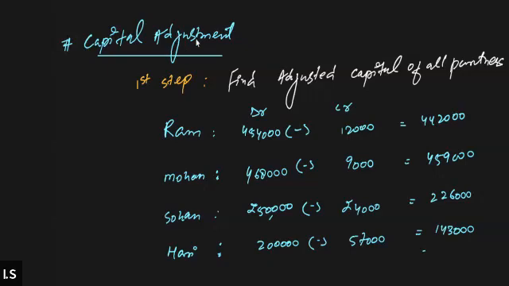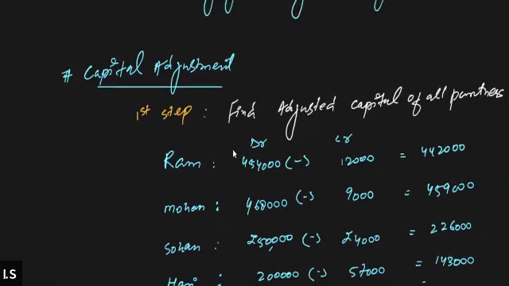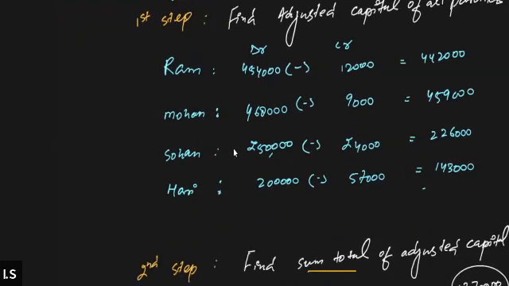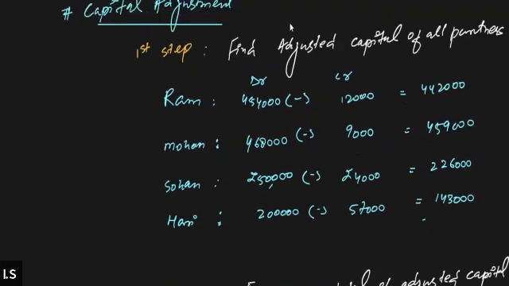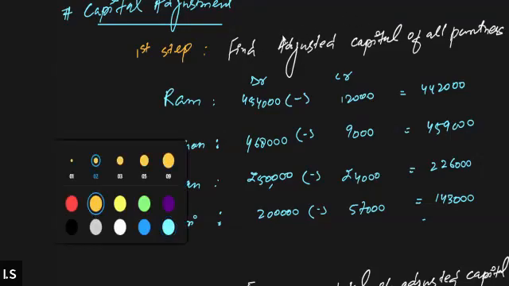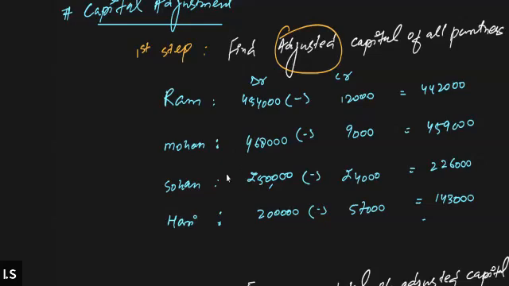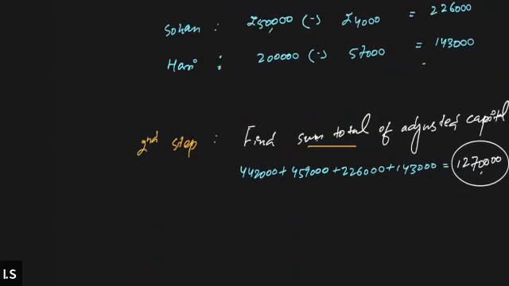First of all, let's understand how we adjust the capital in the new profit sharing ratio. We will have to take steps. Number one, find out the adjusted capital. Number two, find the sum total of the adjusted capital.